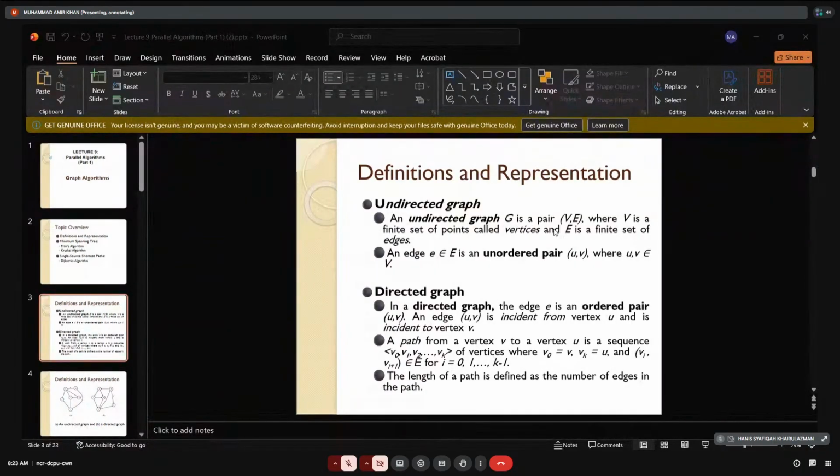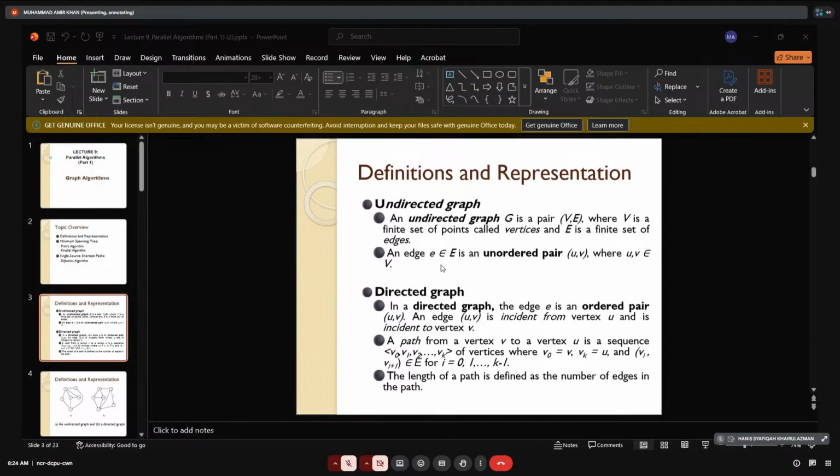In an undirected graph, finite means limited, we can count them. V is the finite set of points called vertices, and E is the edges. An edge e belonging to E is an unordered pair (v, w), where v and w belong to V, because V is the finite set of points we call vertices.